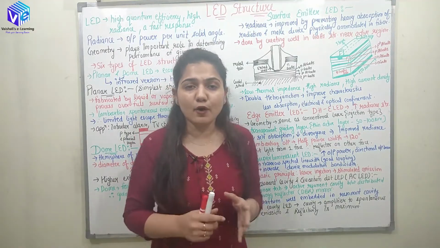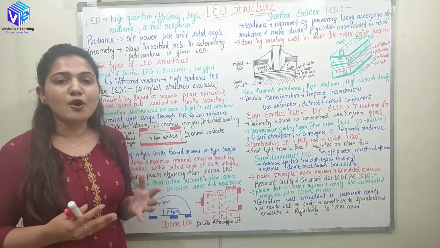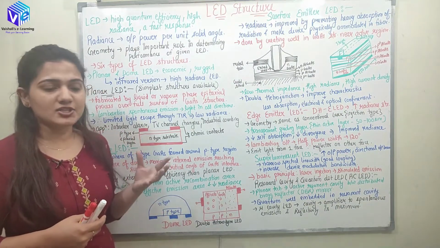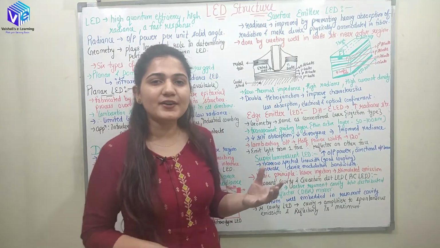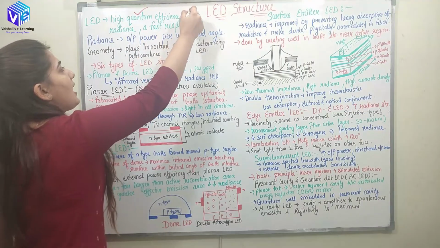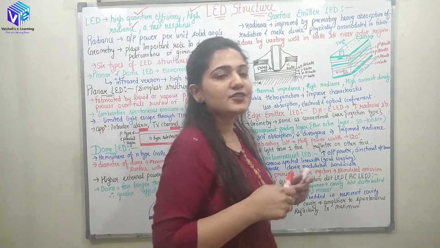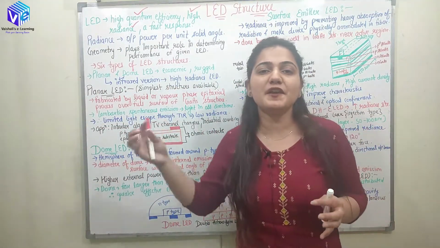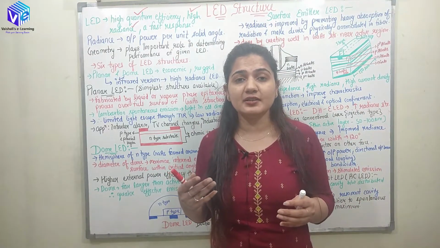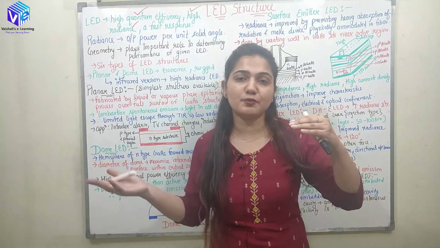So what I want is high quantum efficiency. For that I want a large number of recombinations, which would be radiative recombinations, and I want higher radiance. Radiance would be high only when the number of photons is high. So I want high quantum efficiency, high radiance and a fast response. The LED or the structure must be compatible with the input. So if the input has several changes which are very fast, then the LED must provide the light in accordance with the input only.